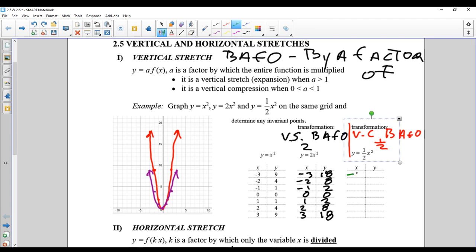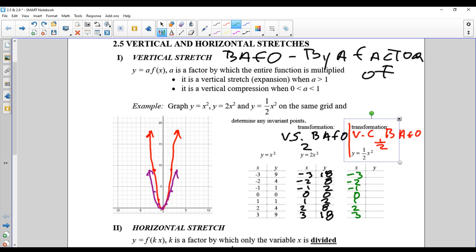So -3 is still -3. -2 is still -2. -1, 0, 1, 2, 3. My x values are all the same. My y values just got chopped in half. Okay? Every y value is now half what it was. Not the transformed one, but the original y's are what we're talking about.